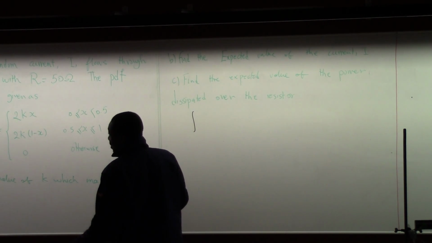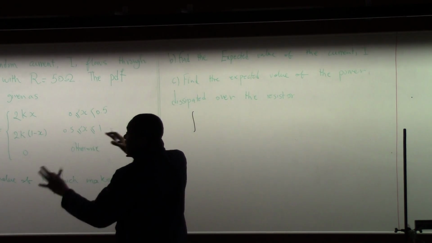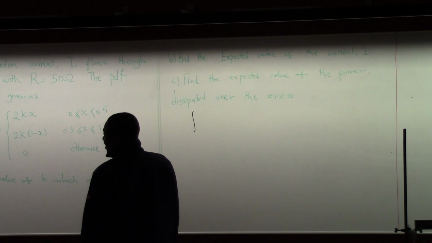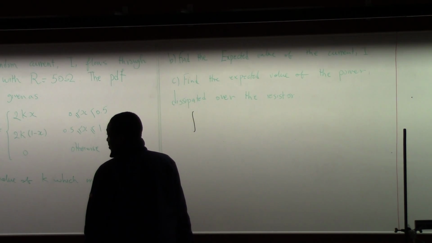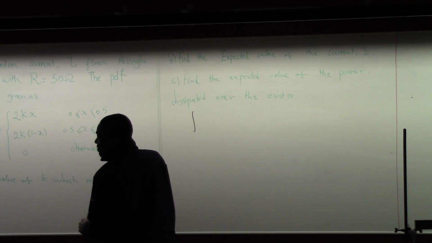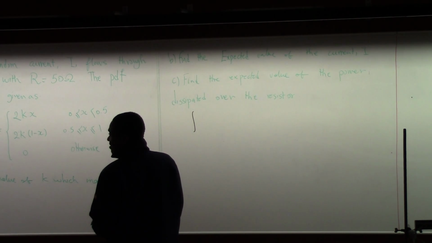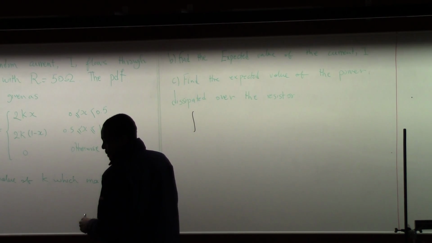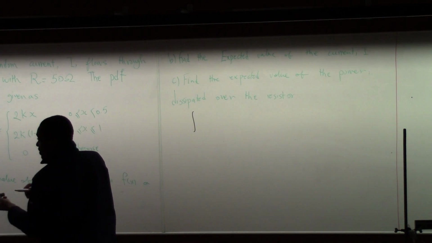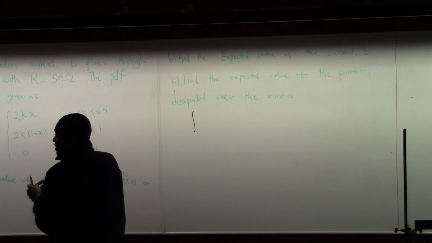The integral from minus infinity to plus infinity of f(x) should be 1. Why? The area under this PDF should be 1.